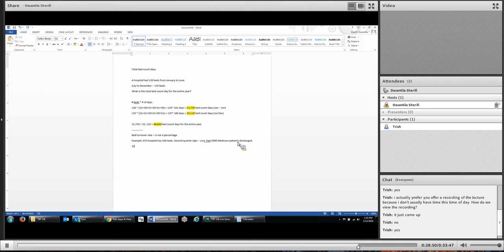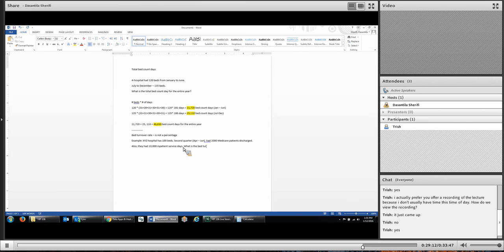So let's say they had 10,000 inpatient service days. So let me add here, make it complete. Also, they had this many inpatient service days. All right. So with this information, what is the bed turnover rate?